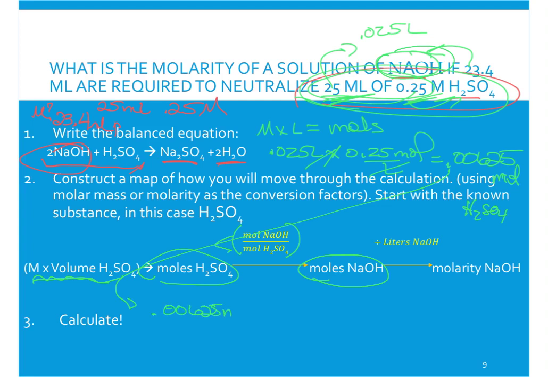0.00625 moles of H2SO4. Be very careful in your mole ratio to look at the balanced reaction. So looking at the balanced reaction, I see that I have 1 mole of H2SO4 that reacts for every 2 NaOH that react.